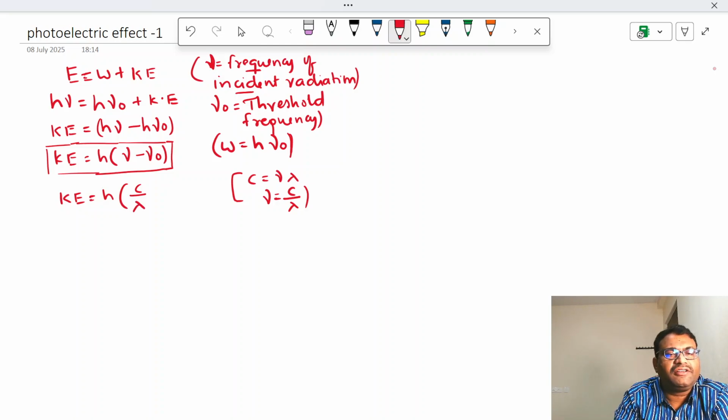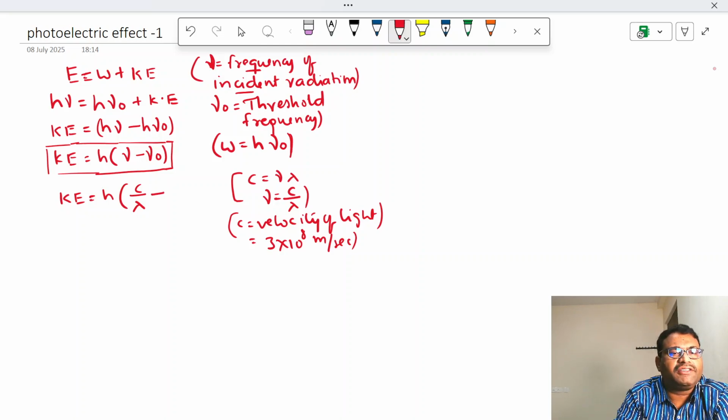What is c? c is the speed of light, which is equal to 3 into 10 power 8 meters per second. Then here also we apply nu naught. Nu naught is equal to c by lambda naught.